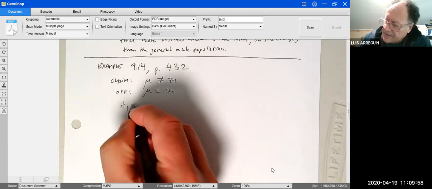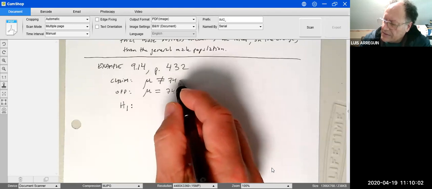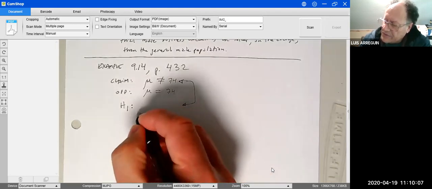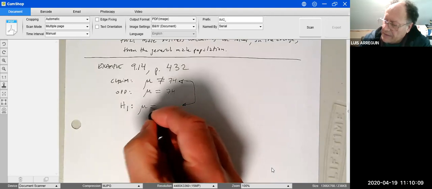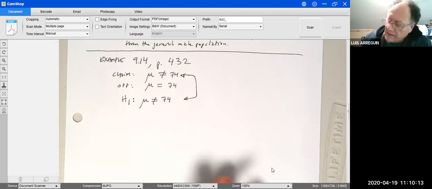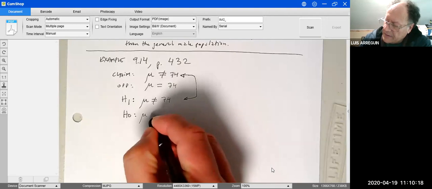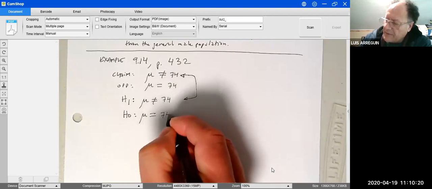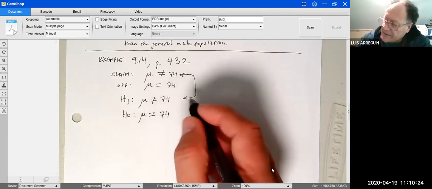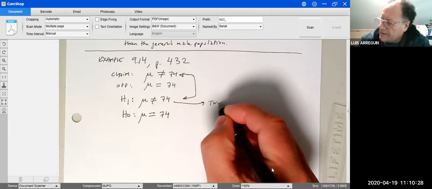Now the alternative is going to be the one that doesn't contain the equal sign. So this is the one that doesn't contain the equal sign. So the alternative is just the mean different than 74. And the null is always the parameter, the equal sign, and the given value. So this is the null. Now, from the alternative, you can see that this is a two-tailed test.